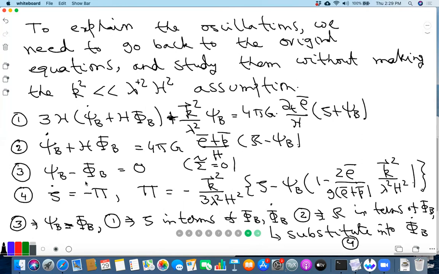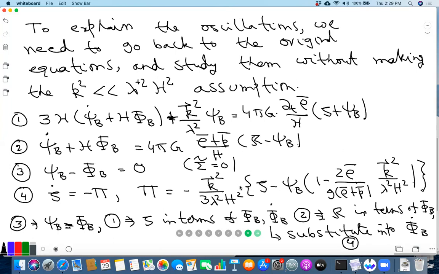So what do you expect? Zeta is a linear combination of phi b and phi b dot. So once you substitute into 4, you see there's a zeta dot. That will be a linear combination in general of phi b double dot, phi b dot, and phi b. And on the right hand side, we have zeta, which is a function of phi b dot and phi b, and psi b is the same as phi b.